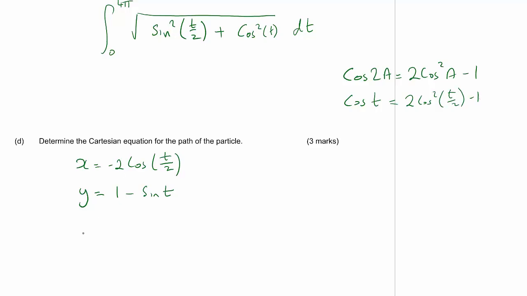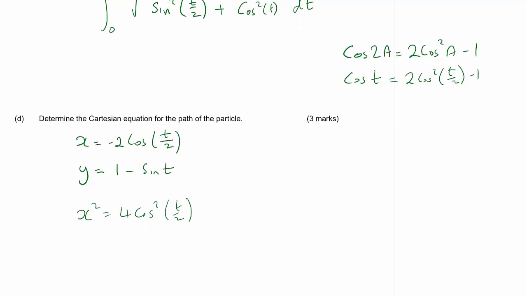So x squared is 4 cos squared t over 2. So x squared would be twice cos squared t over 2, 2 cos squared t over 2 would be cos t plus 1.